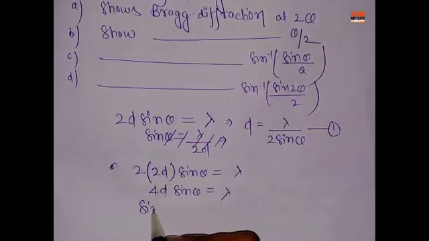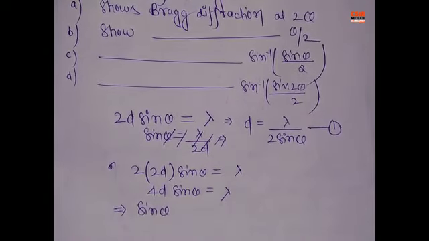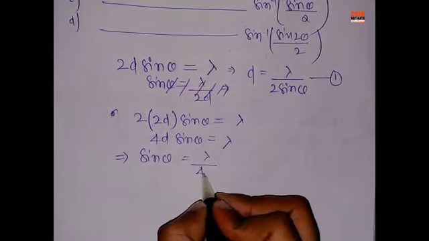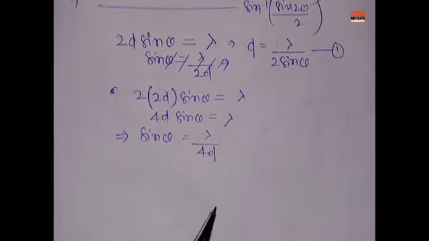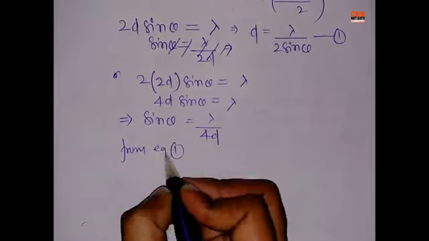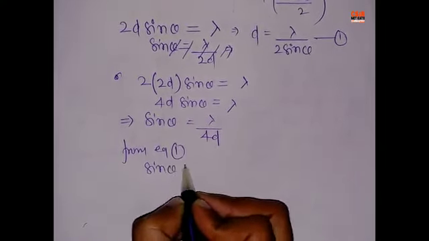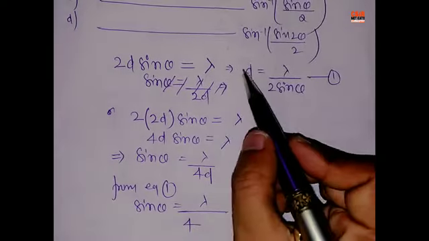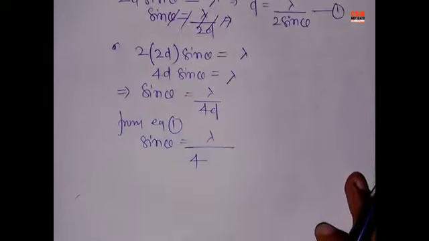So what will be the sine theta? This sine theta equals lambda upon 4d. From the first equation, d equals lambda upon 2 sine theta.